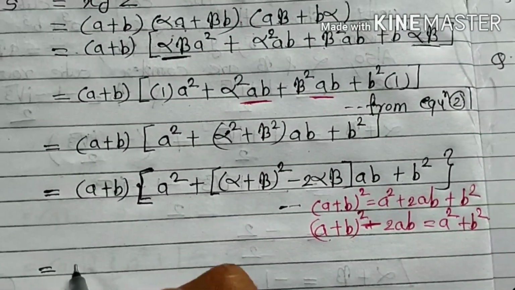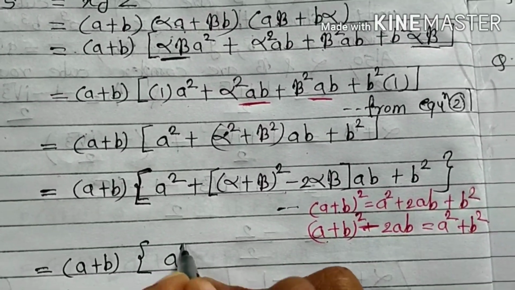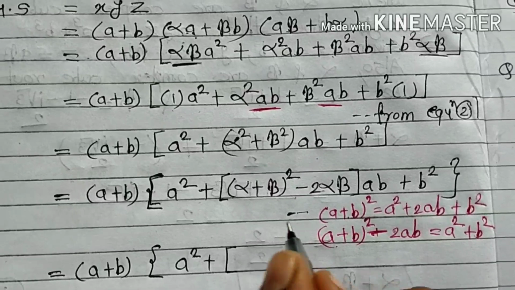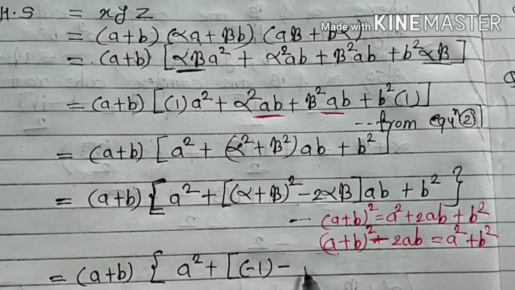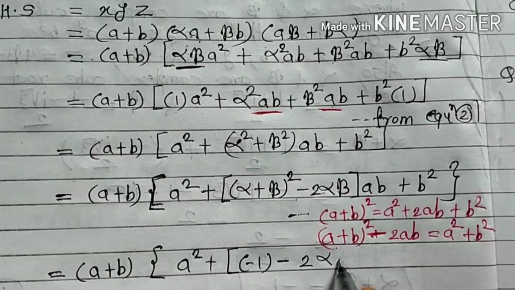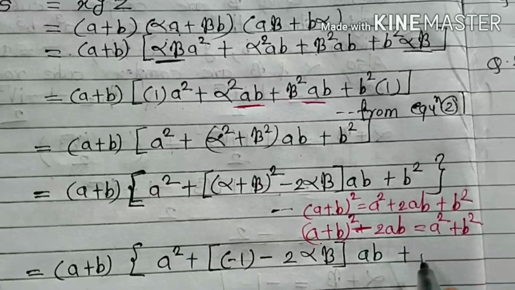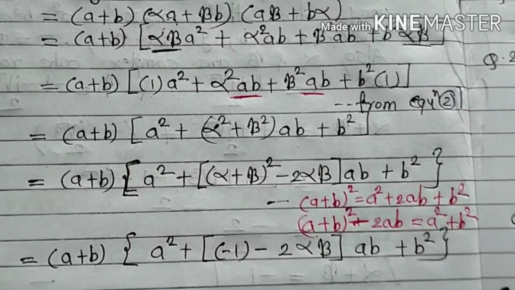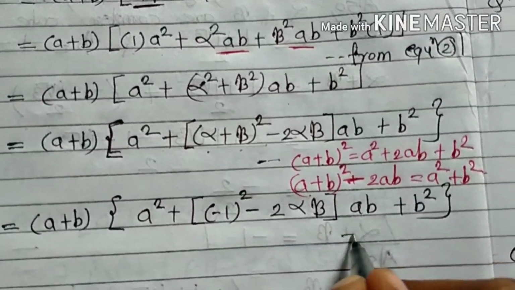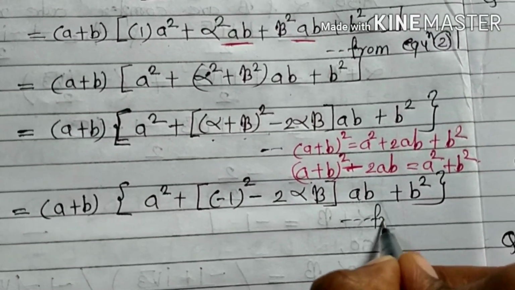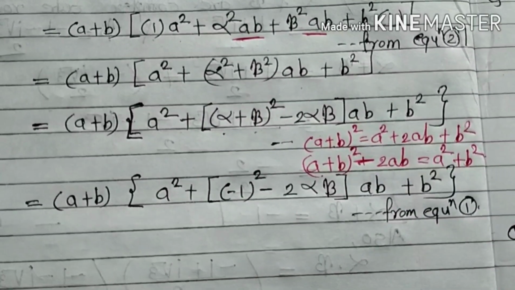Now next step, a plus b in this bracket a square plus, we know that the value of alpha beta is minus 1 and this is minus 2 alpha beta into ab plus b square. Because the value of alpha beta is minus 1, here you can write from equation first.